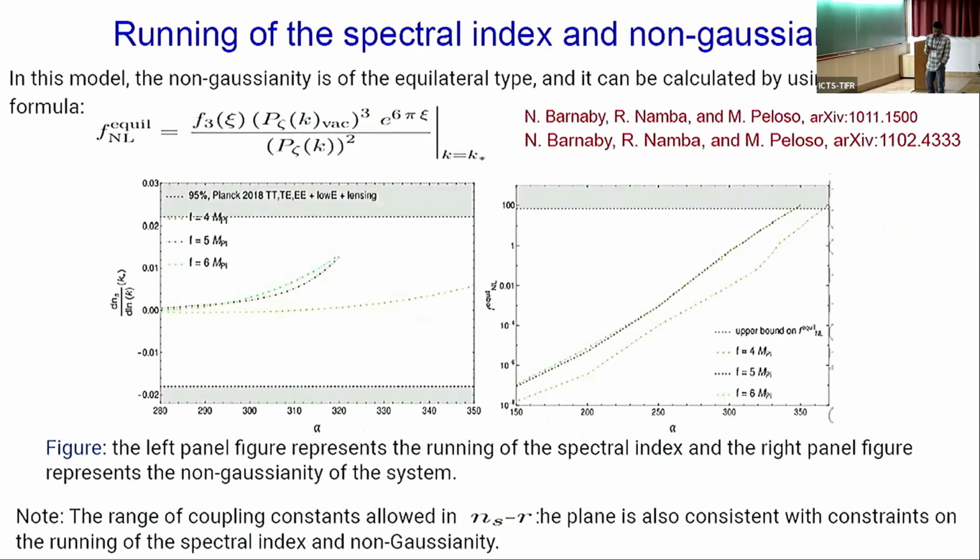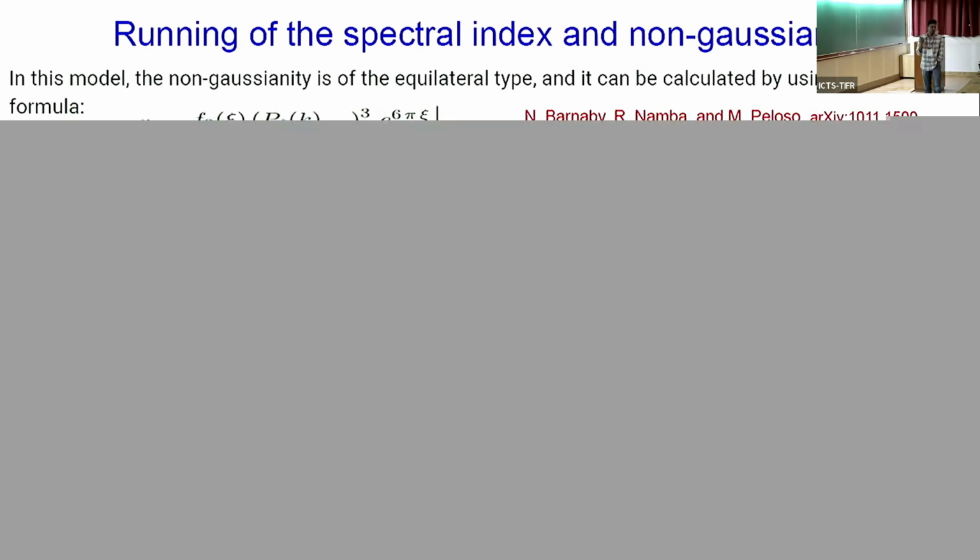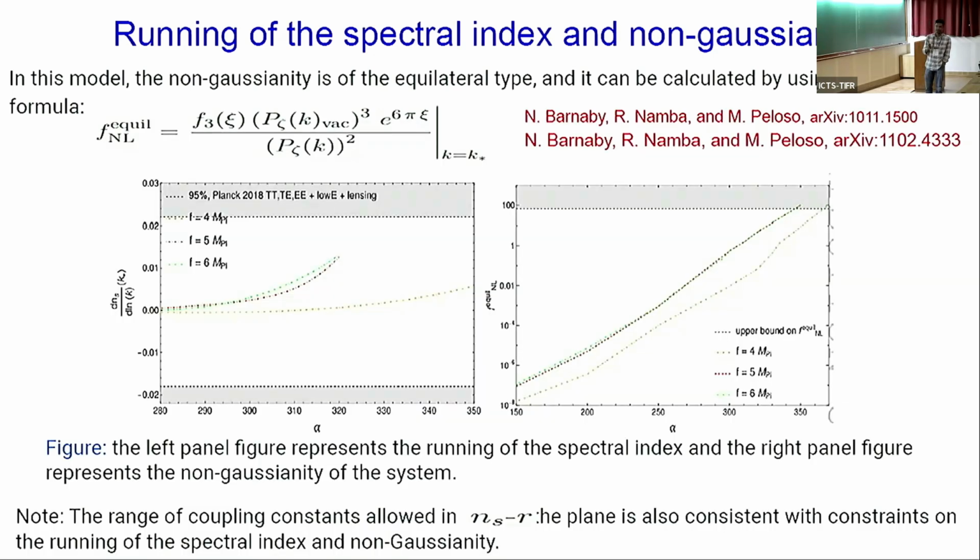Because there is growth in the scalar power spectrum, lots of non-gaussianity could be produced, but we know there is an upper bound on the non-gaussianity, and that's why I have to test which alpha value is allowed for the n_s-r plane. It is also allowed for the n_s-r plane and running of the spectral index, and you can clearly see that.